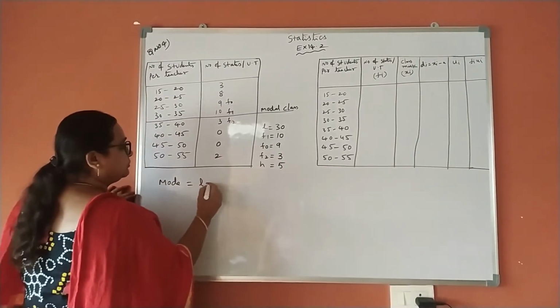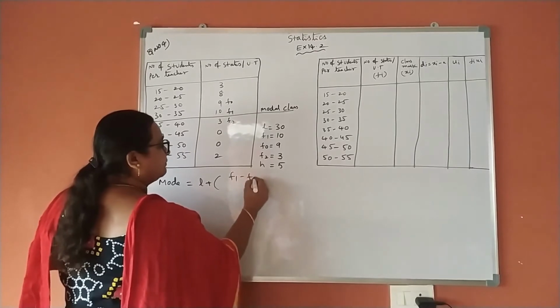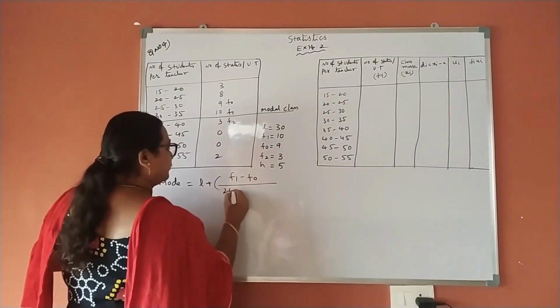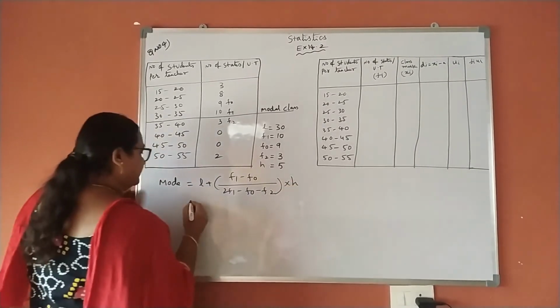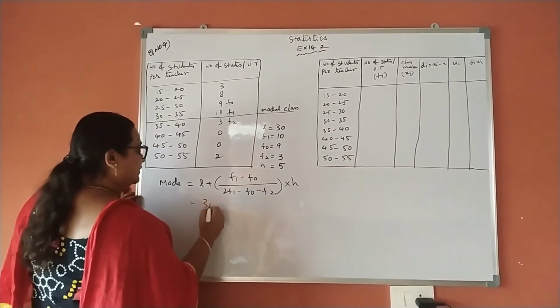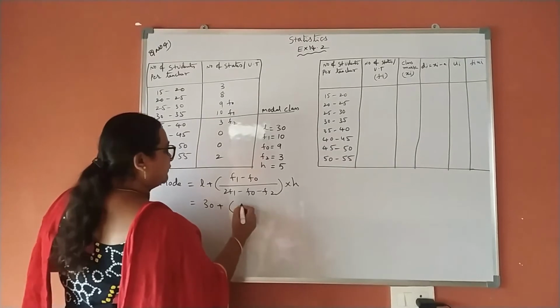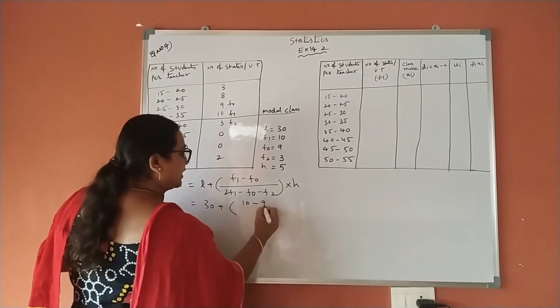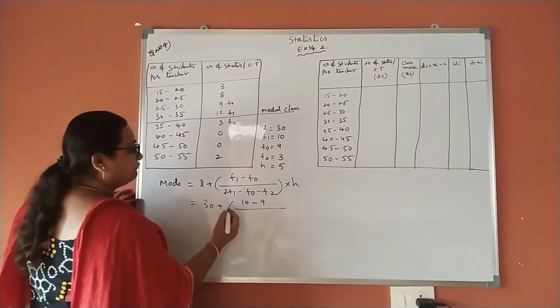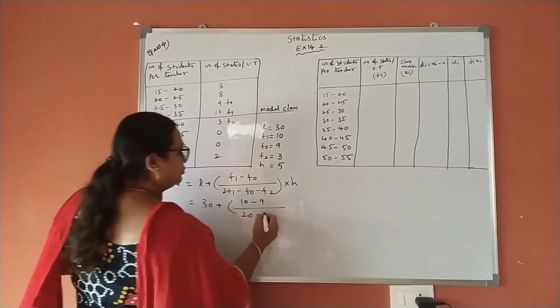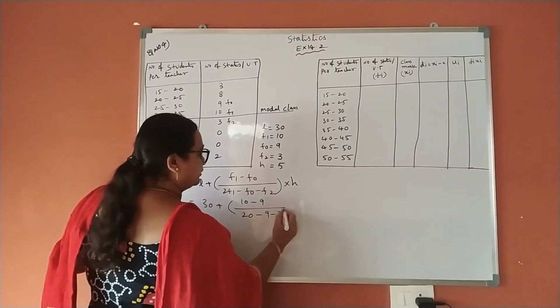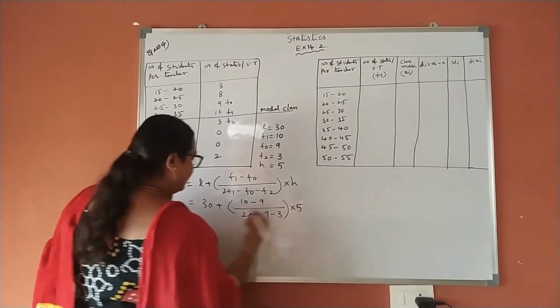Mode is equal to L plus F1 minus F0 by 2 F1 minus F0 minus F2 into H. So that is 30 plus F1 10 minus F0 9 by 2 F1, 2 tens are 20 minus F0 9 minus F2 3 into H is 5.